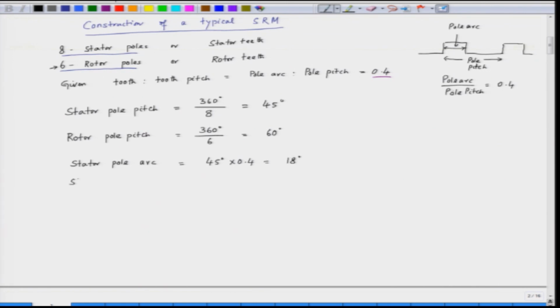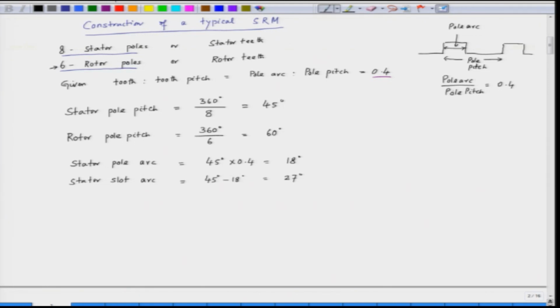And the stator slot arc is equal to 45 degrees minus 18 degrees, is equal to 27 degrees.